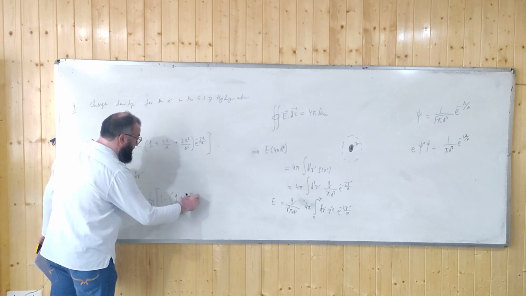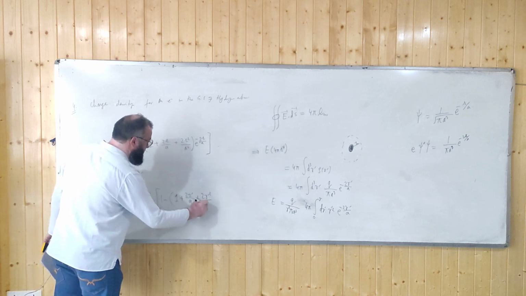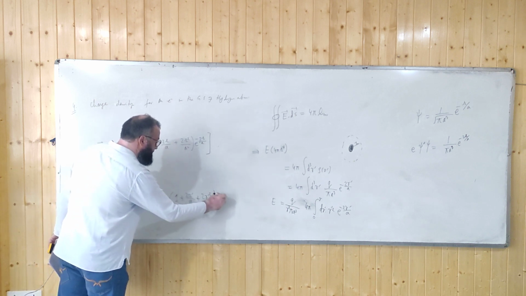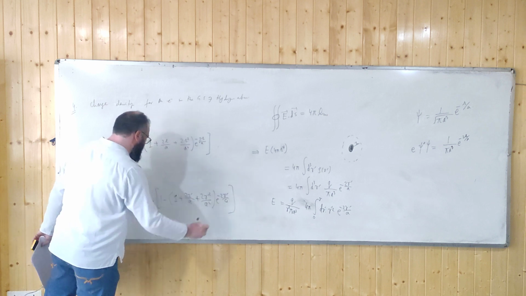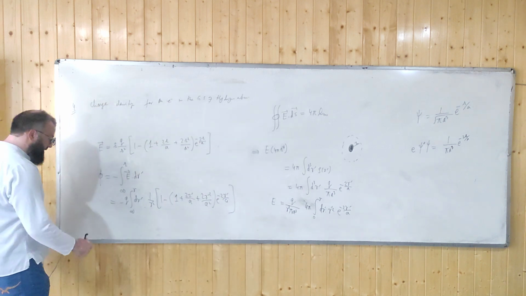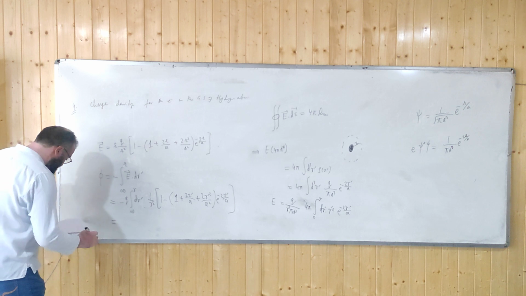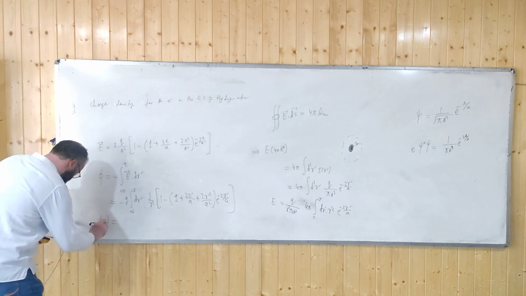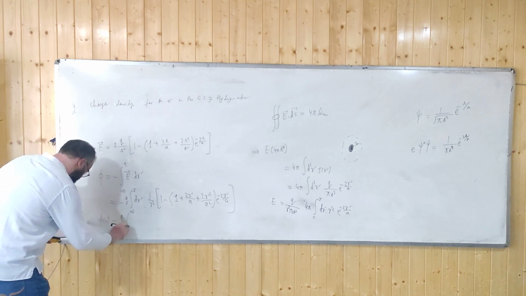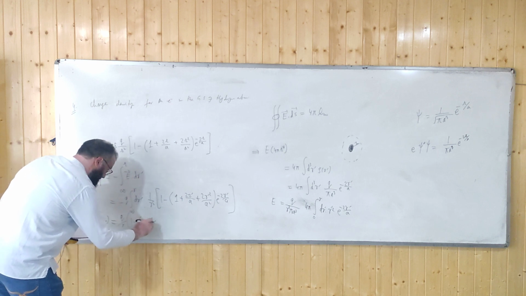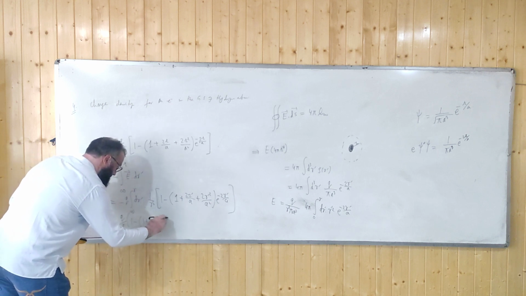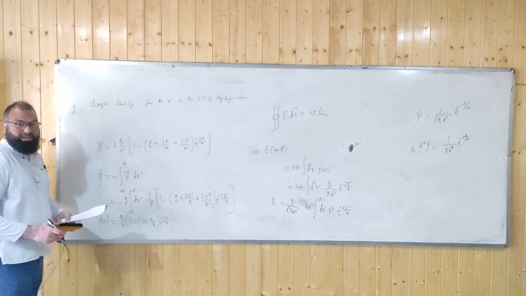Integrating, you'll get phi of r is equal to Q by r times 1 minus, 1 plus r by a, raised to the power minus 2. So this is the potential due to the charge distribution.